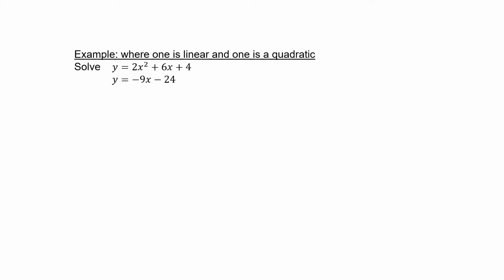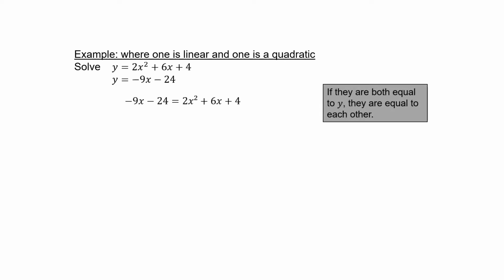Another example to solve this equation: we just take y to substitute in the other equation of the second degree. It will be like this. So we take the like terms, negative 9x and 6x, to make our additions, and negative 24 plus 4.